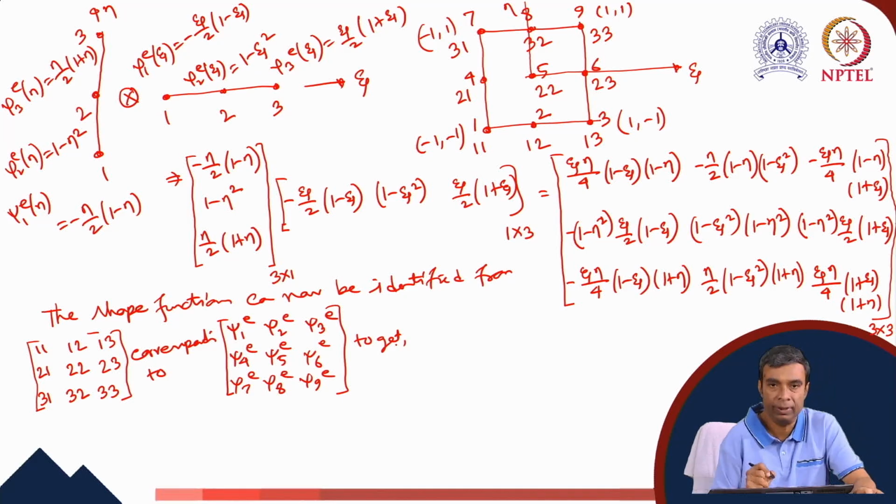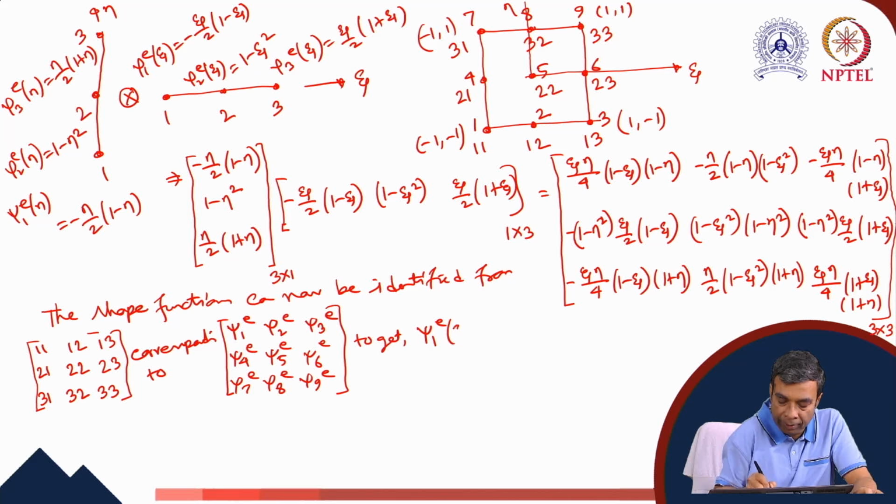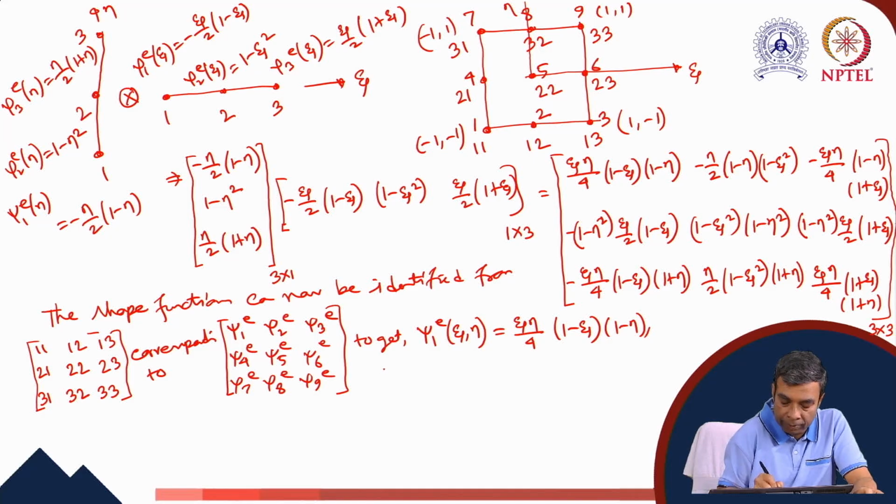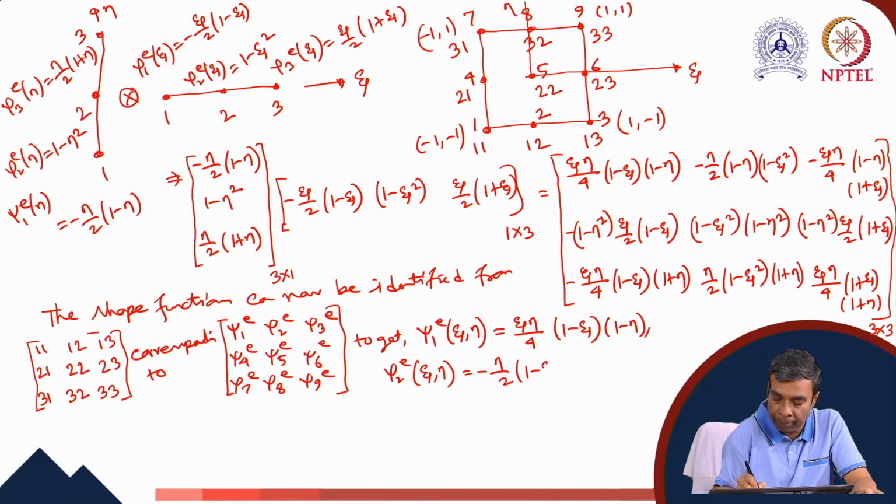Now we can write these individual shape functions as psi 1e xi eta equals xi eta by 4 into 1 minus xi into 1 minus eta. Psi 2e xi eta equals minus eta by 2 into 1 minus xi square into 1 minus eta.